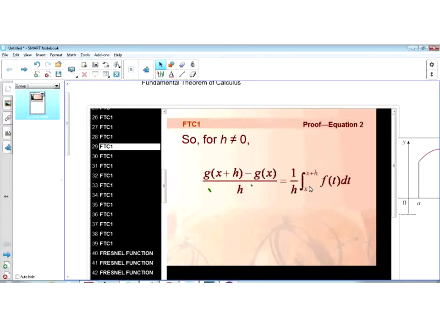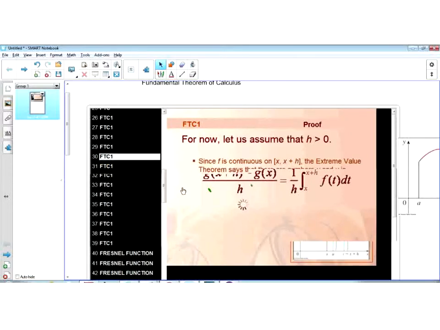So here we have the difference quotient equal to 1 over h times the area under the curve. Basically, we divided both sides of the equation by h. Okay, and then of course we'll take the limits.